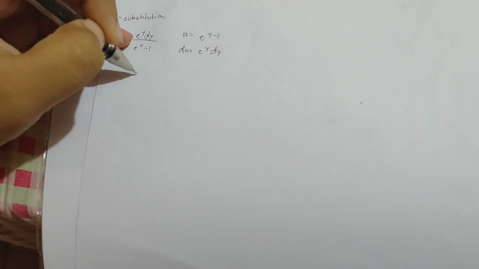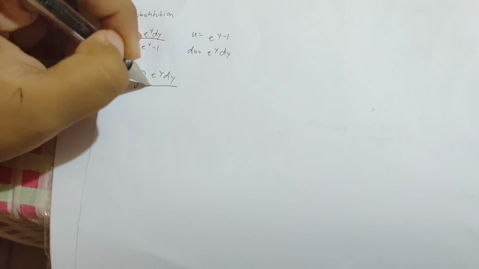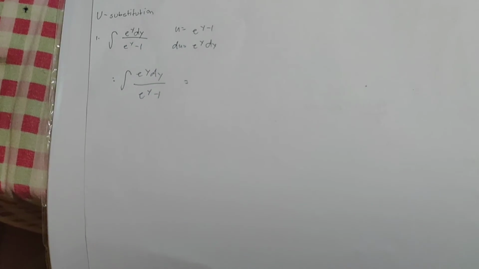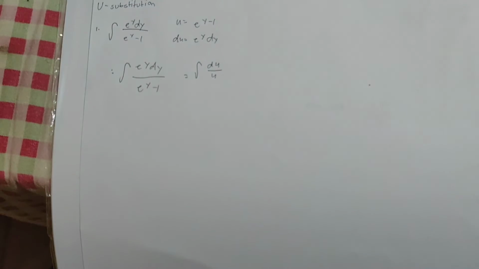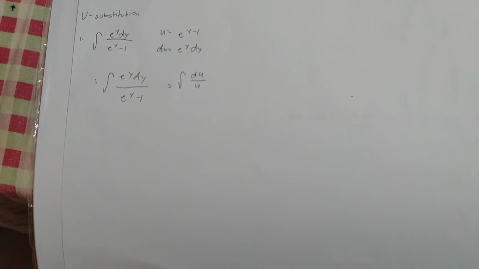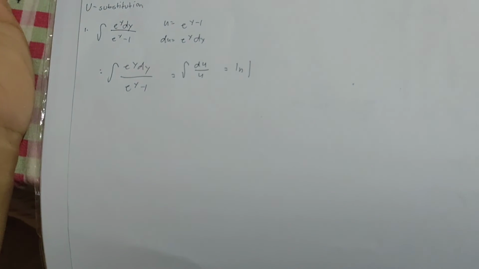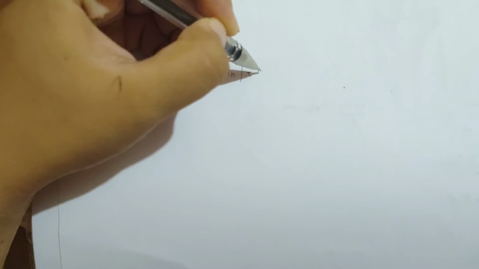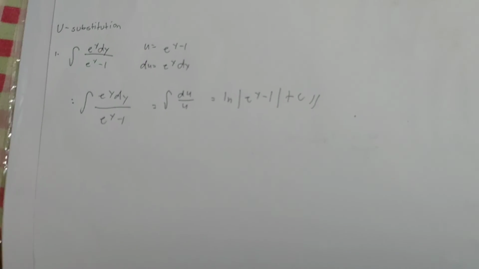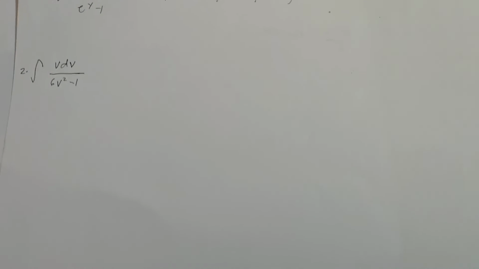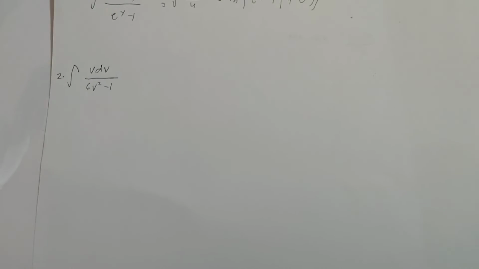So the integral of e raised to y dy all over e to the y minus 1 is the integral of du all over u, which is in our number 2 formula, ln of e raised to y minus 1 plus c. That's our final answer.